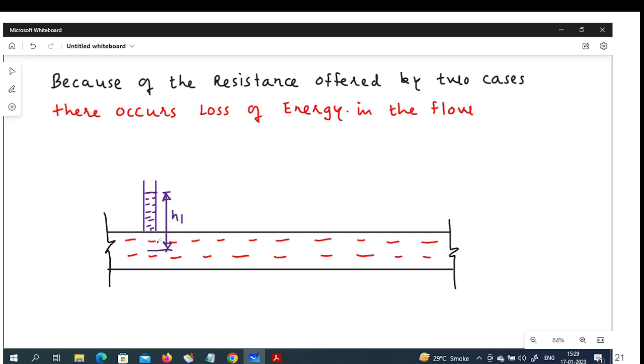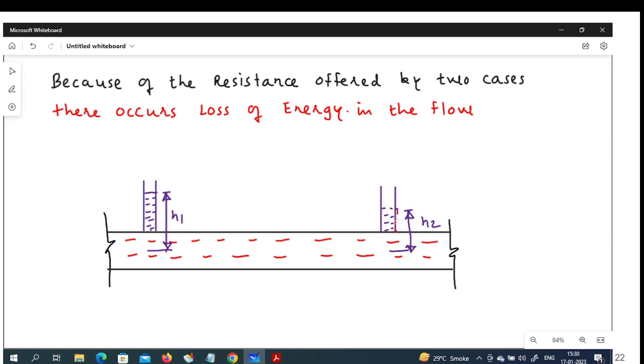As soon as I insert a piezometer in a pipe, water will rise in the piezometer, and the rise of water will indicate some energy, pressure energy. And at point 2 also I will insert a piezometer, and the water will rise.